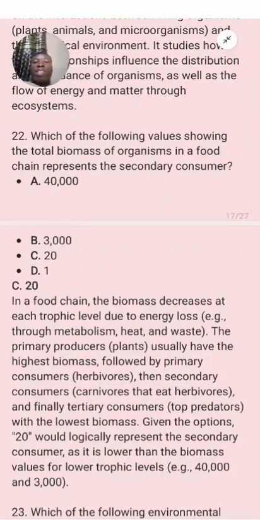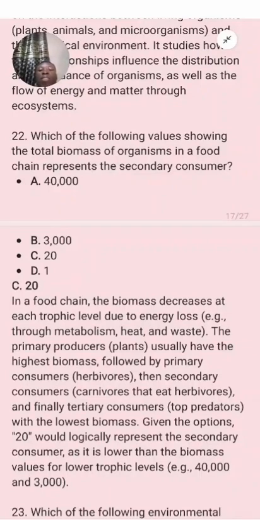So they should take the 40,000, the producers like the green plants that can manufacture their food themselves. Then the primary consumers like goats, herbivores, they take the 3,000. Then the secondary consumers, which are carnivores that eat the herbivores, would then go for the 20.